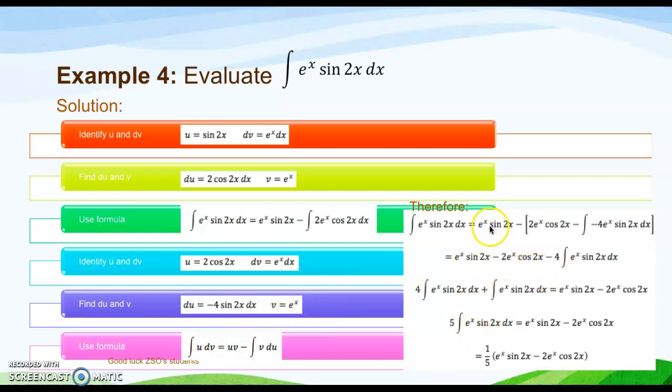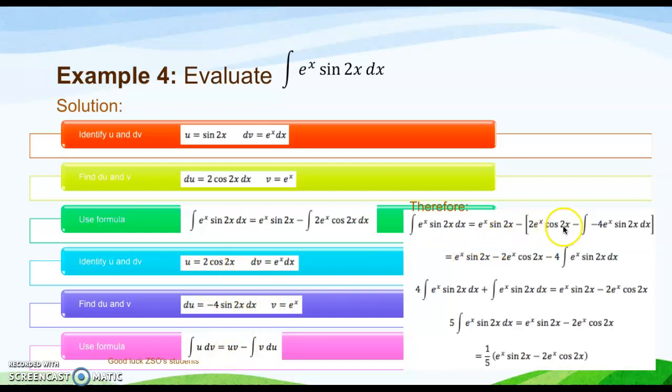Okay, look at here. You already solved the first one, e^x sin 2x. So e^x sin 2x here, minus, in a big bracket, 2 cos 2x multiplied with e^x, because of the formula. The formula is uv, so u multiplied with v.